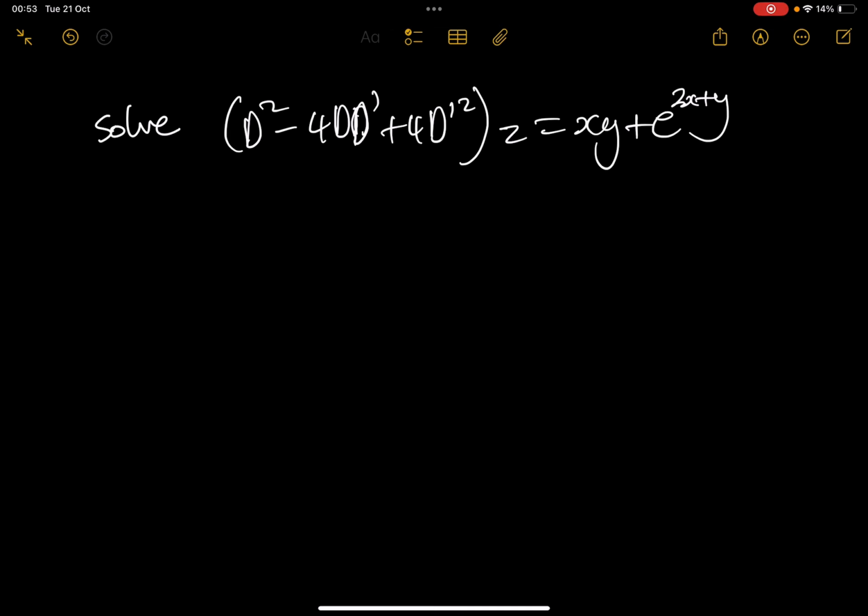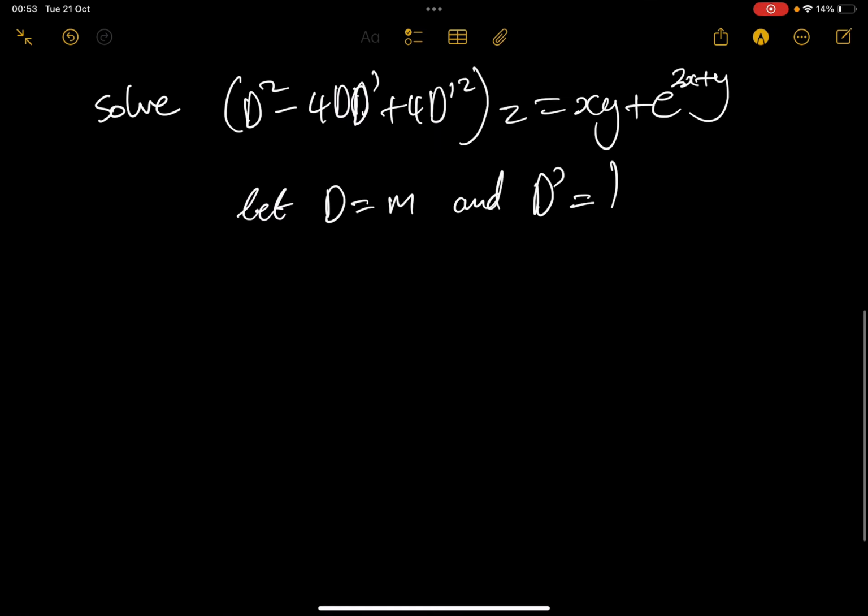So how do you determine the auxiliary equation? We let D be m and D prime be 1. We substitute this in and equate that to 0. So we have m squared minus 4m plus 4 equals 0.